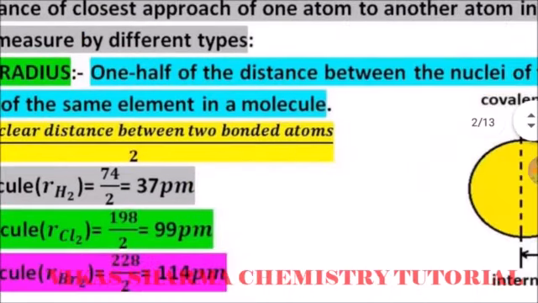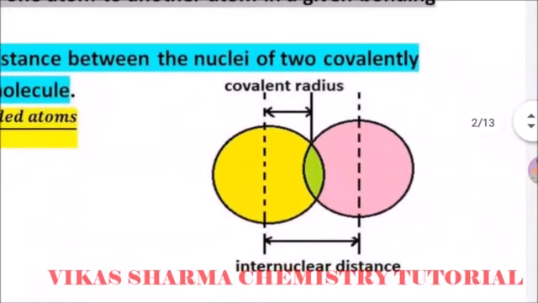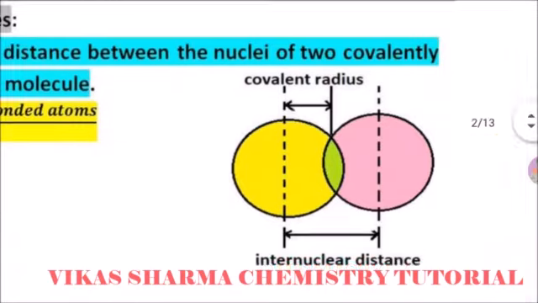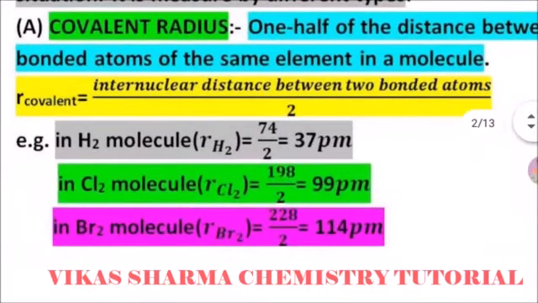For example, you have seen on the display, if two atoms are bound, we take the distance between the two nuclei and halve it, so we calculate the internuclear distance divided by 2. In a molecule of hydrogen, the internuclear distance is 74, so dividing by 2, the covalent radius is 37 picometer.